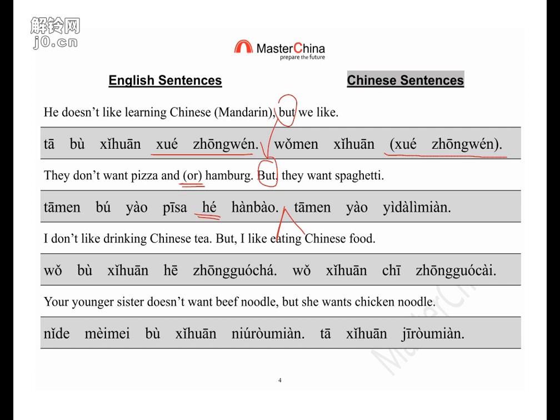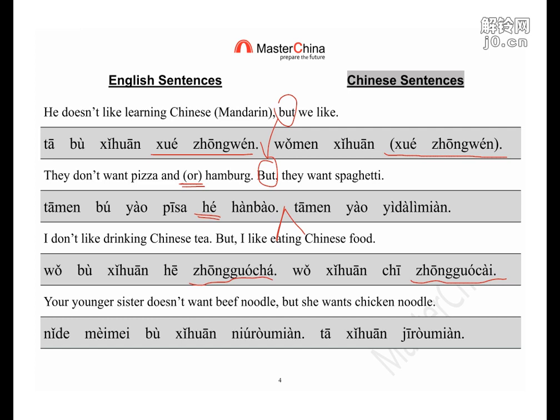And next one, 我不喜欢喝中国茶，我喜欢吃中国菜。So 中国茶 is one concept, 中国菜 is one concept. So we put them with no space.